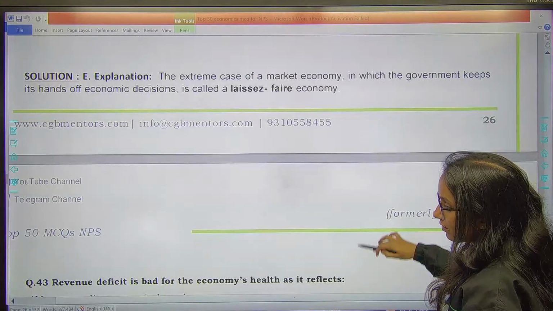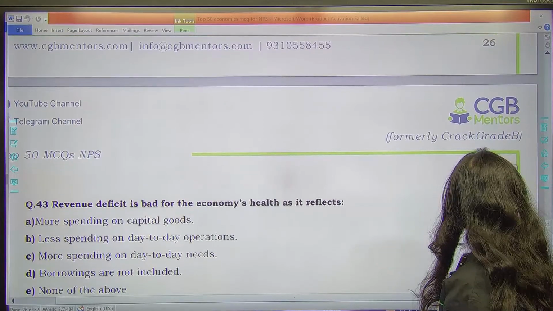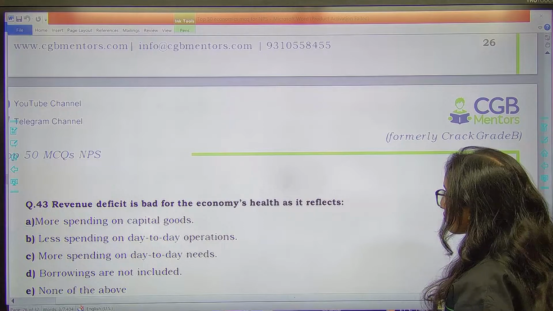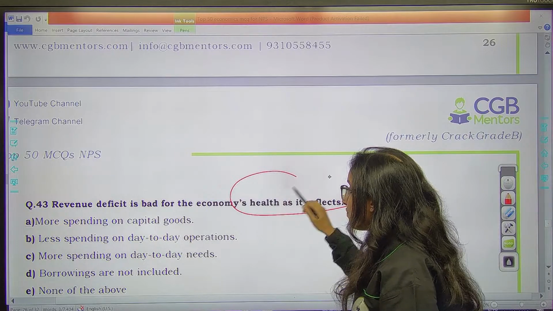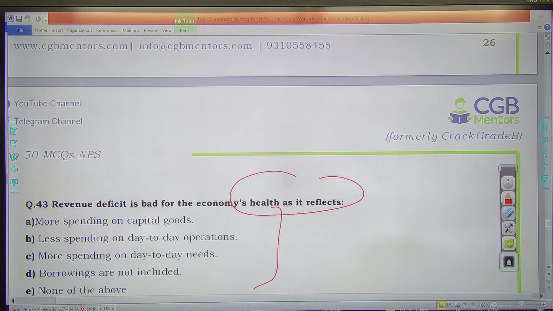Then question number 43. Revenue deficit is bad for the economy's health as it reflects what? Revenue deficit economy के लिए अच्छा नहीं है. Fiscal policy का concept है. Tell me why. Because revenue deficit reflects what?